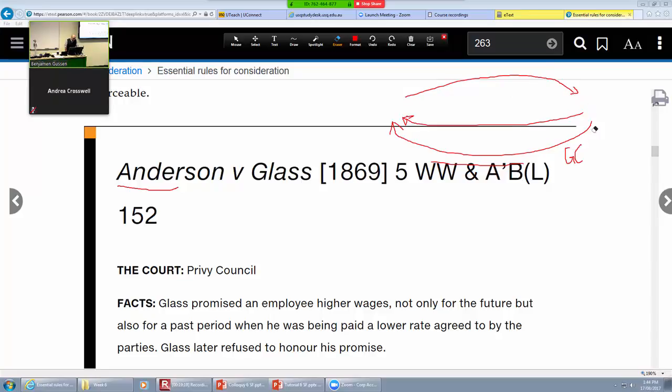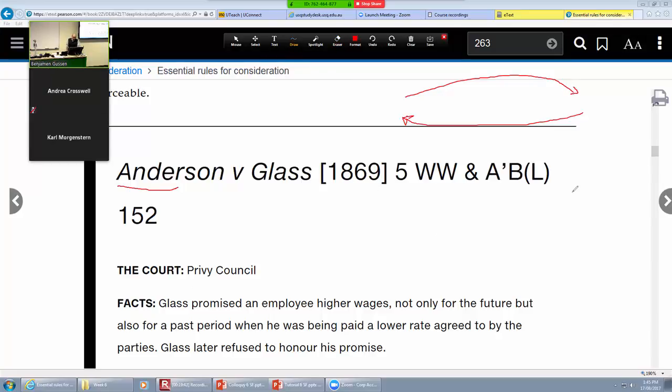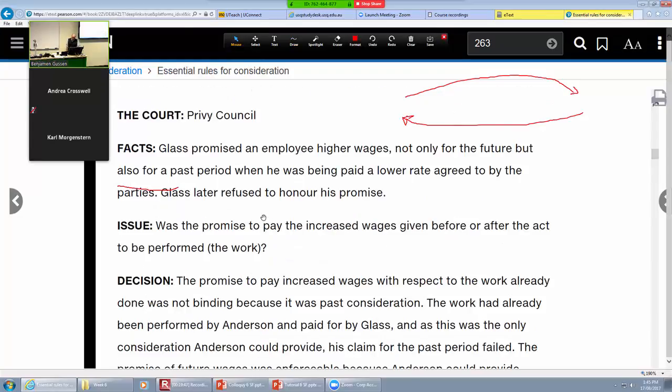Let's look at another case. So now we're looking at 1869 with Anderson and Glass. It says Glass promised an employee.